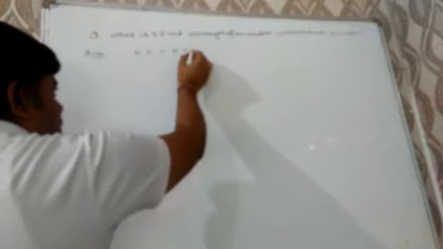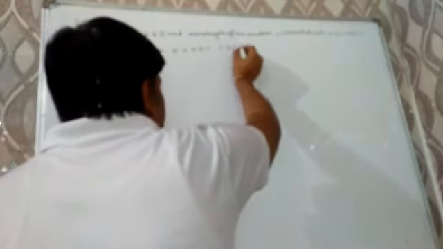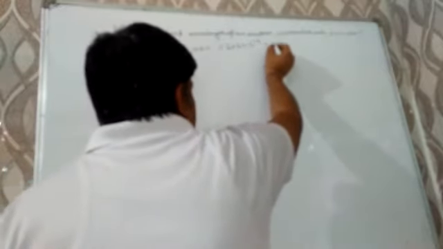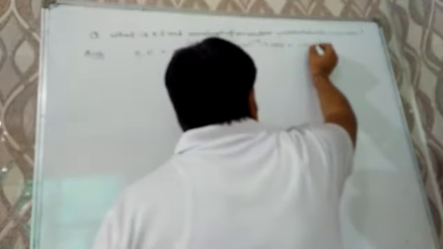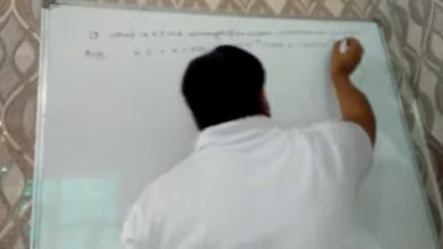So first of all we have to find out the kinetic energy, and we know kinetic energy will be equal to the charge of the electron into the potential difference. The charge of an electron is 1.606 into 10 to the power minus 19, and the potential difference is 1000, so it comes out to be 1.606 into 10 to the power minus 16 joule.